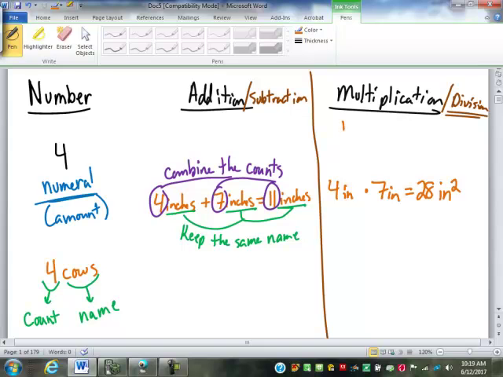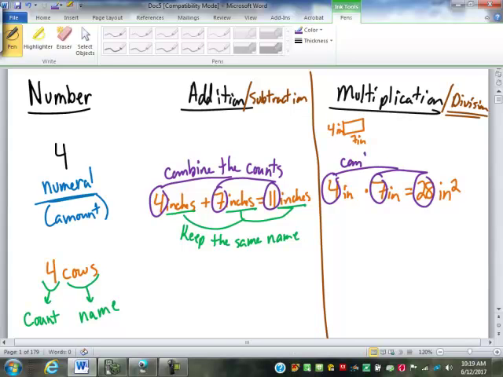If you think about it, if I'm multiplying inches times inches, generally what I'm doing is looking at an area. 4 inches by 7 inches, I'm getting inches squared. So what's going on here with my counts again, I have 4 and 7 still. This time I was multiplying, so I combined them with multiplication.